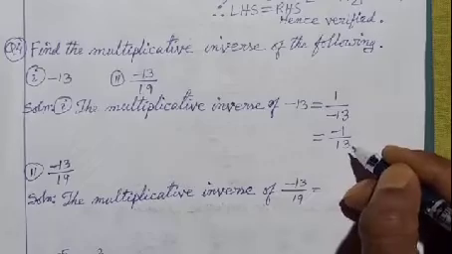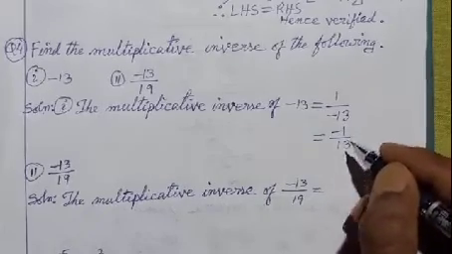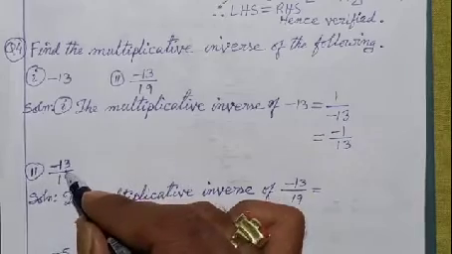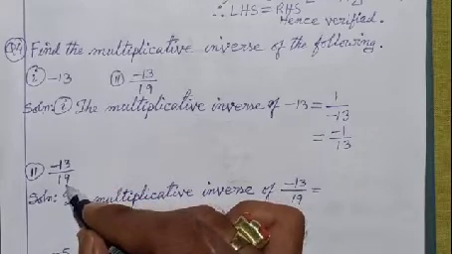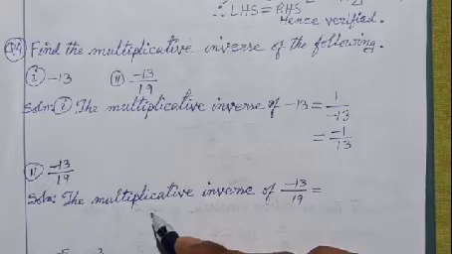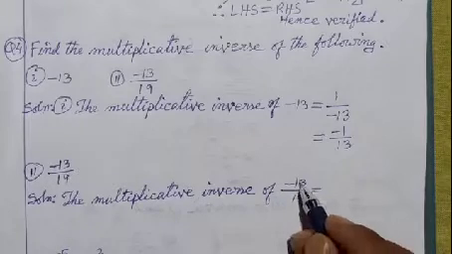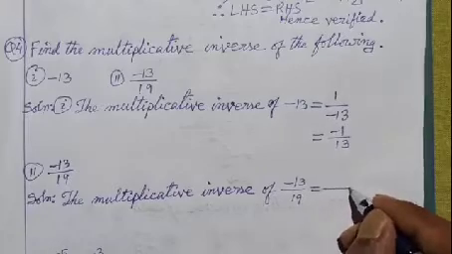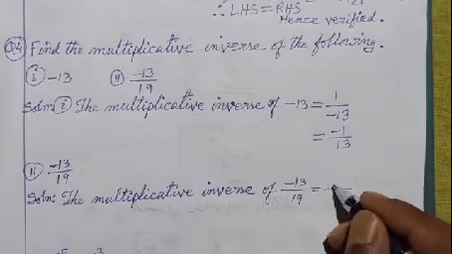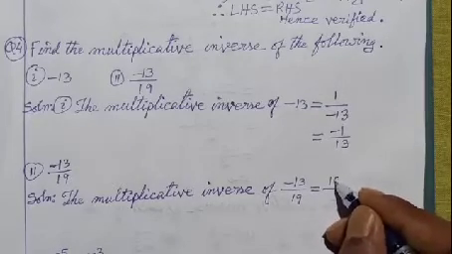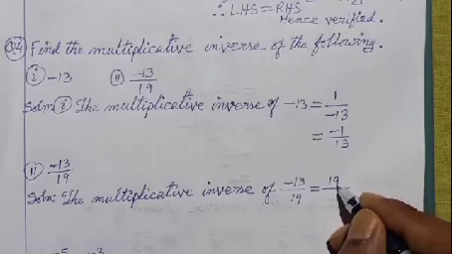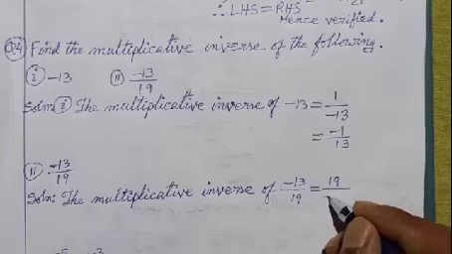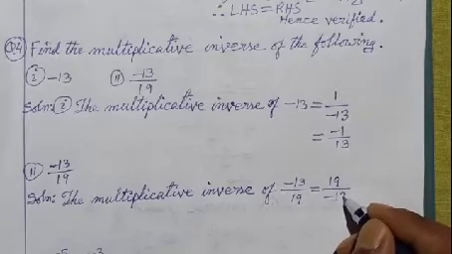Understanding or not? Very easy, okay? Now Roman number 2 is also the same. Minus 13 by 19. The multiplicative inverse of minus 13 by 19. Here also the same. Numerator and denominator are interchanged. So the denominator comes up in the numerator and the numerator comes down in the denominator.